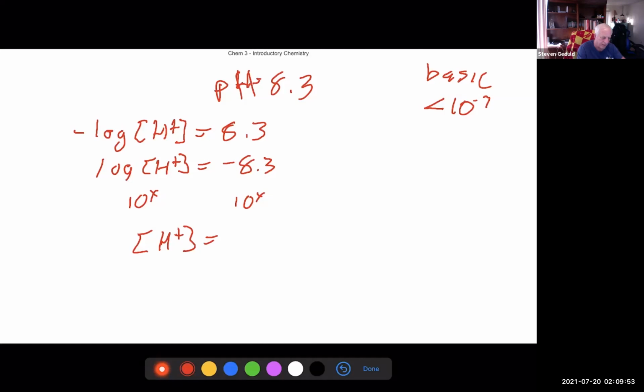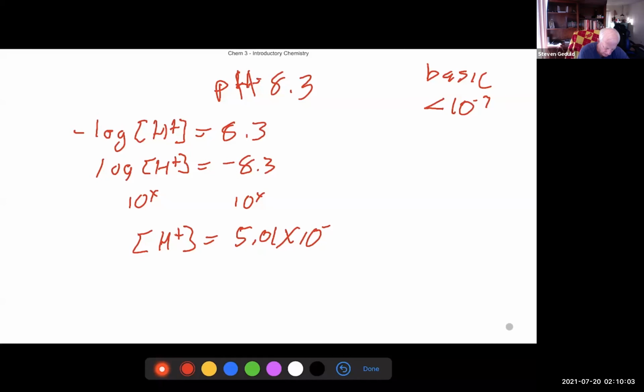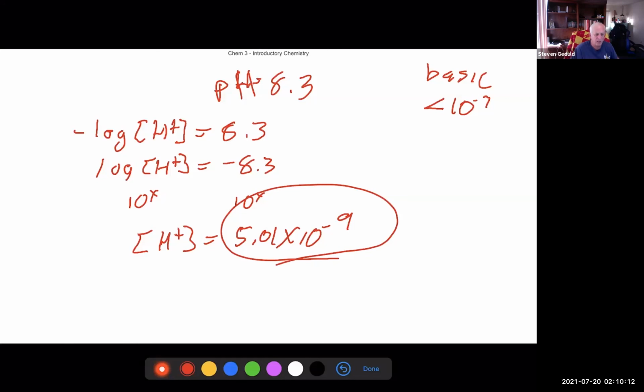And you get your answer of 5.01 times 10 to the negative 1, 2, 3, 4, 5, 6, 7, 8, 9. 10 to the minus 9. Okay. And that's less than 10 to the minus 7. So that's a good check for us right there. Okay. That's how you do pH.